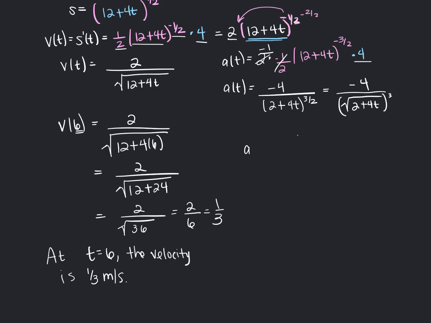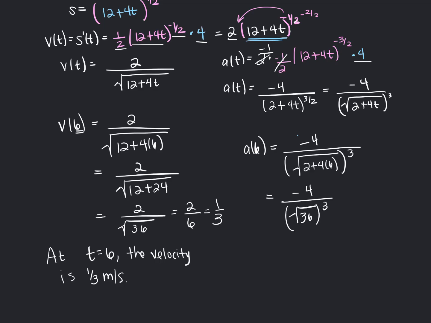For the acceleration when t is equal to 6, we're going to have -4 over the square root of 12 plus 4 times 6, cubed. So that's -4 over the square root of 36 cubed. So that's -4 over 6 cubed, which is 216.